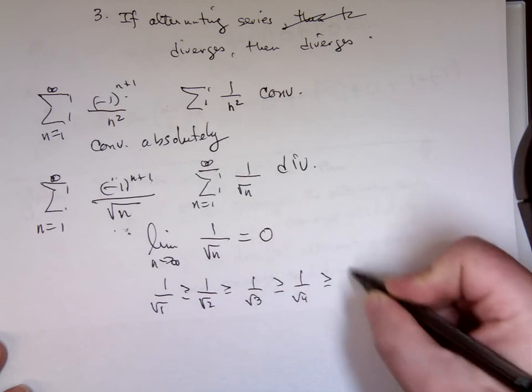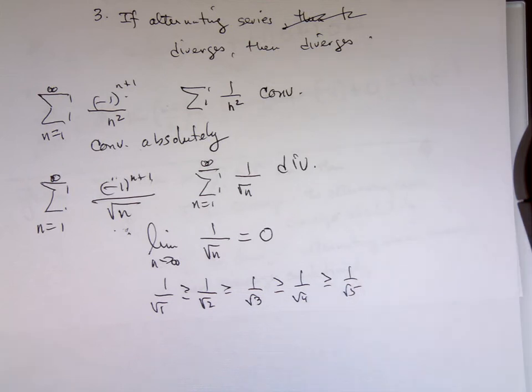That's the second condition of the alternating series test. Therefore, the alternating series converges by the alternating series test. Therefore, this alternating series converges conditionally.